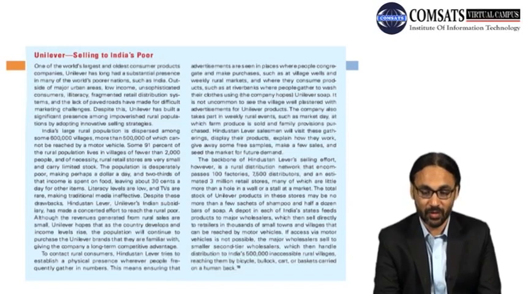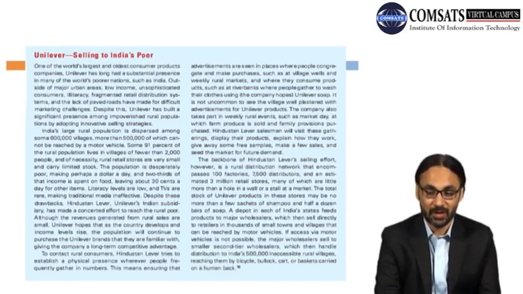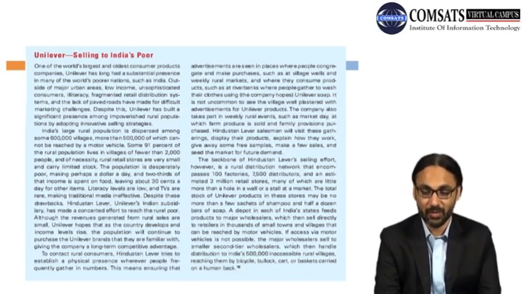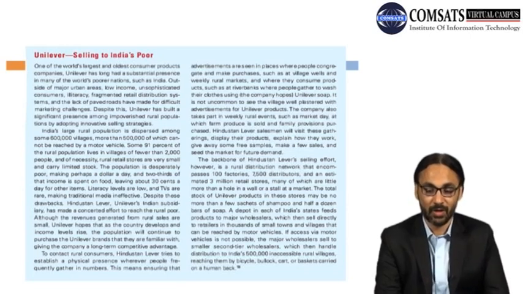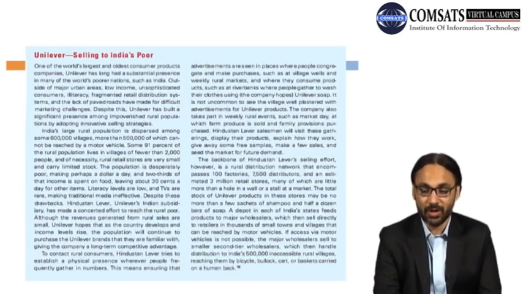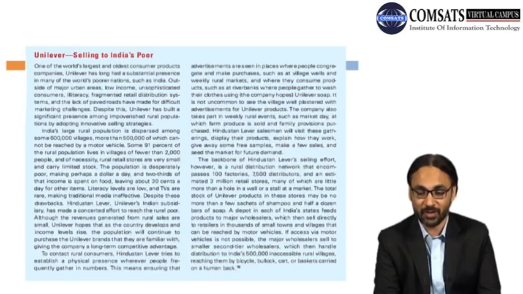The total stock of Unilever products in these stores may be no more than a few sachets of shampoo, or half a dozen bars of soap. A depot in each of the Indian states feeds products to major wholesalers, which then sell directly to retailers and households in thousands of small towns and villages that can be reached by motor vehicles.